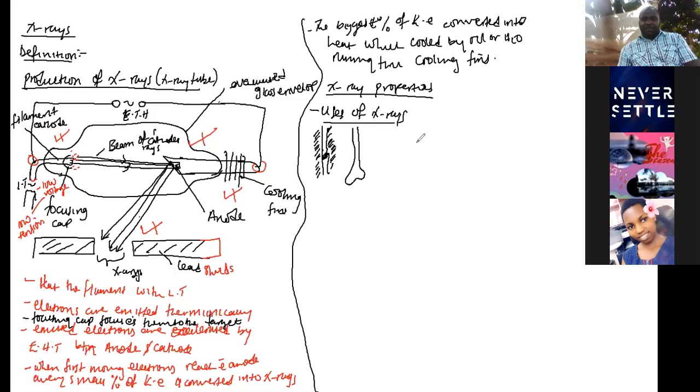But of course, apart from the village hospitals, in town hospitals, that is expected. After a thorough operation, they need to pass X-rays through your body to see if there is any metal, to detect any metal. So they can be used as metal detectors in human bodies after operations. So with that, they avoid the risk of you going to sue them in court that they forgot the blades in your body. So those are some of the uses of X-rays.